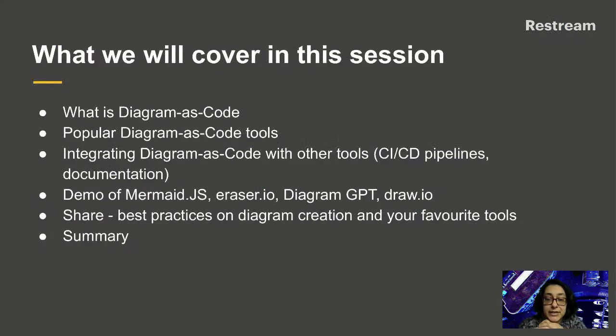I will be covering a description, or a definition if you like, of what diagram as code is. I'll be showing you some of the recent, most popular diagram as code tools, the ones I know of. I'll be showing you some ideas about how you could be integrating diagram as code with other tools, especially if you have an existing pipeline of different elements in your workflow, or if you are already using tools like CI/CD, so continuous integration, continuous development tools, such as GitLab or similar kinds of tools.